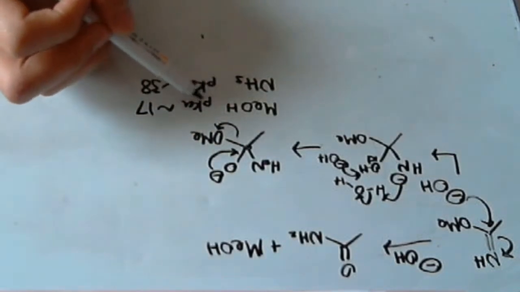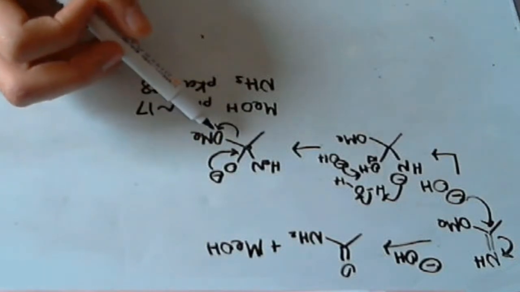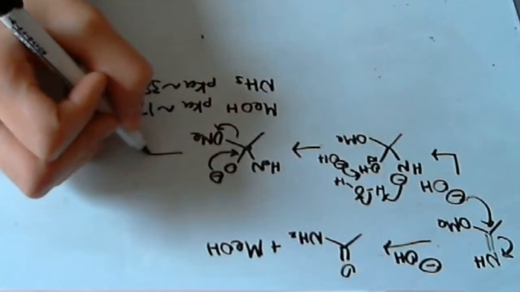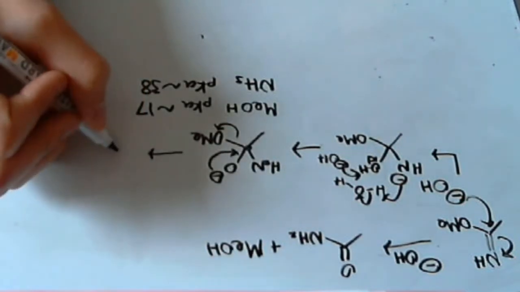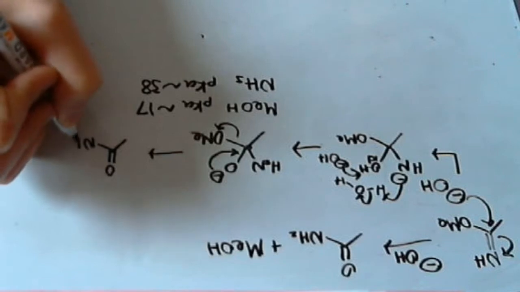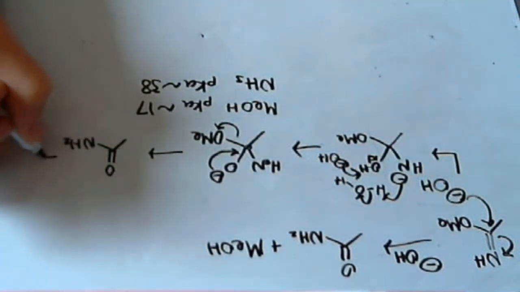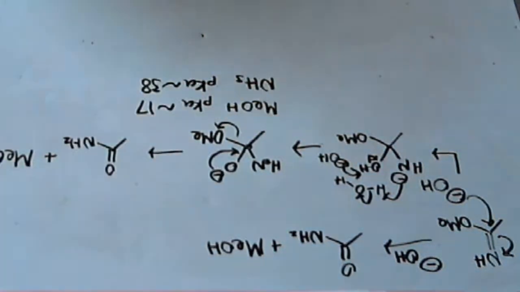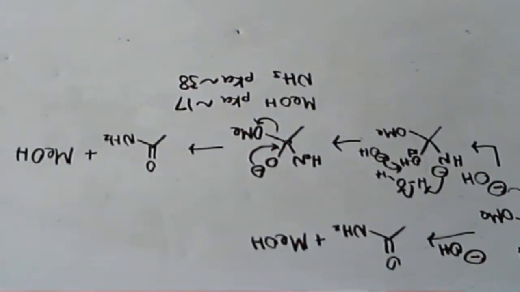And clearly from the pKa's, you can tell that it's going to be the methoxy group, right? So once we perform that elimination, we get our product. And we arrive at our answer.